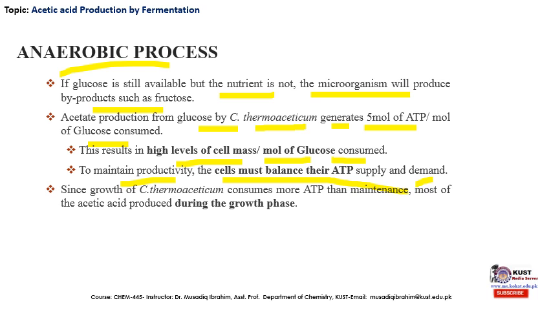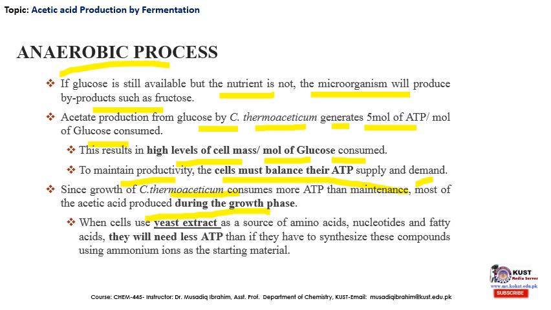Since growth of Clostridium thermoaceticum consumes more ATP than maintenance, most of the acetic acid is produced during the growth phase. Now, when cells use yeast extract as a source of amino acids, nucleotides and fatty acids, they need less ATP in comparison to synthesizing these compounds using ammonium ions as the starting material.